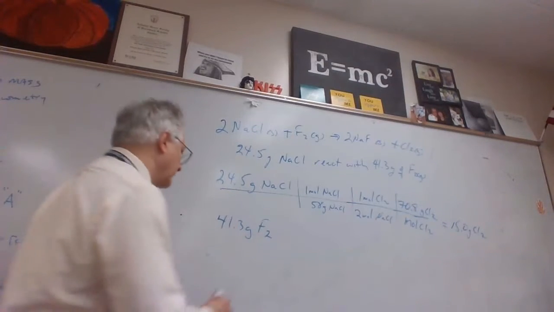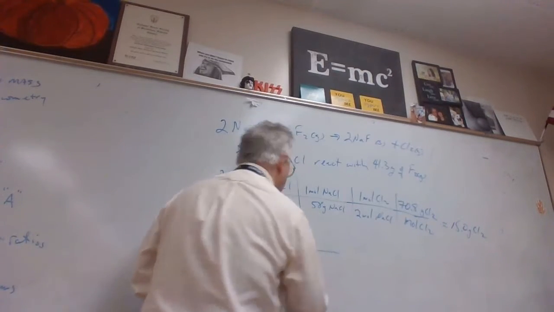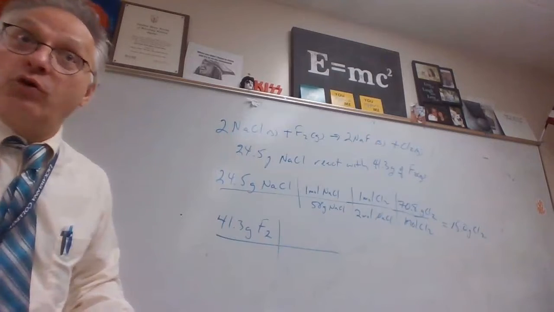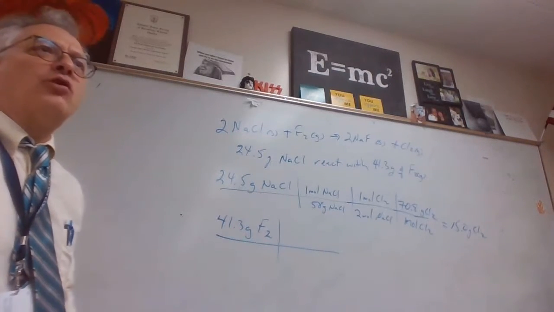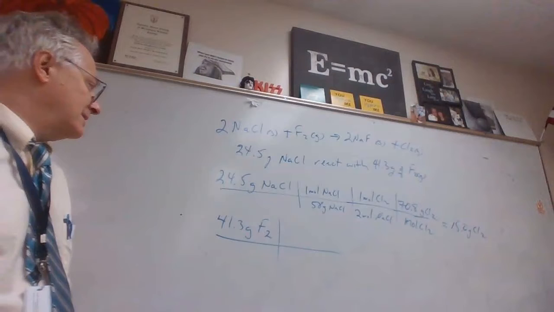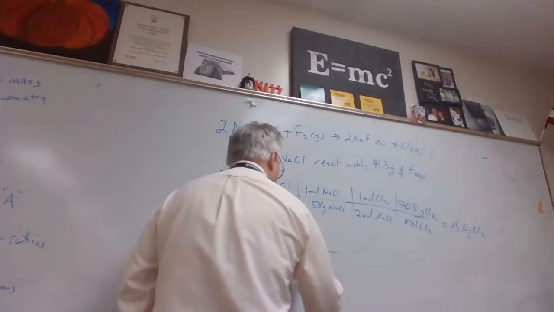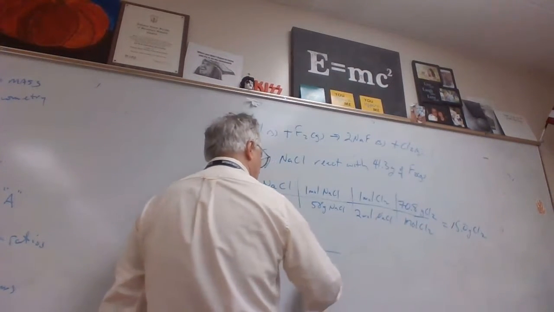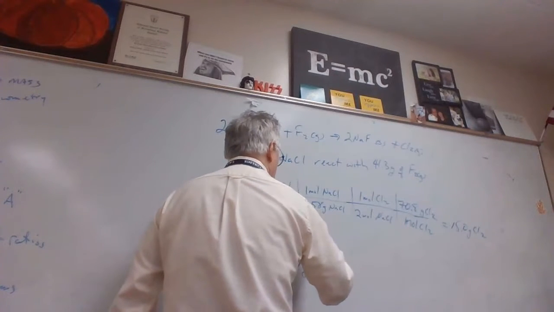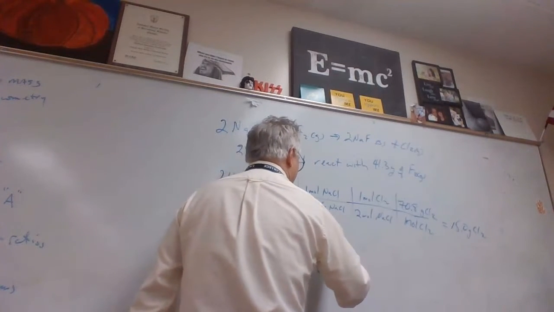Let's take a look here. Let's do it again. Let's see which one gives me the smallest amount of chlorine. Well, I've got 41.3 grams of fluorine, and it's F2, so that's about 38 grams of fluorine per 1 mole of fluorine.